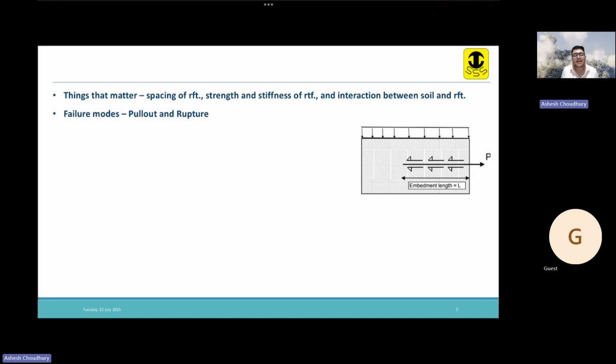Now there are two major failure modes when you are discussing reinforcement.